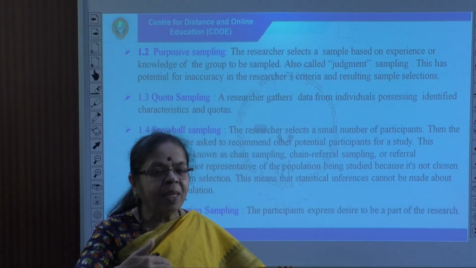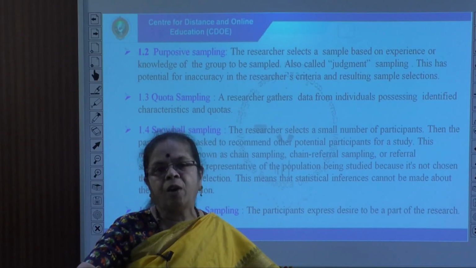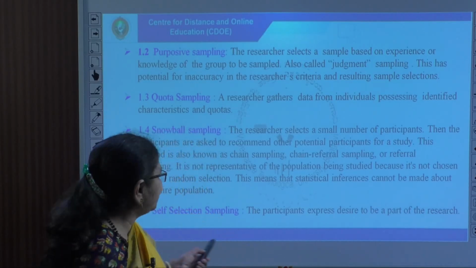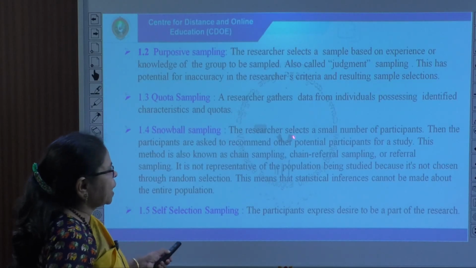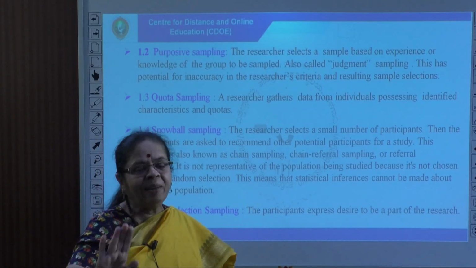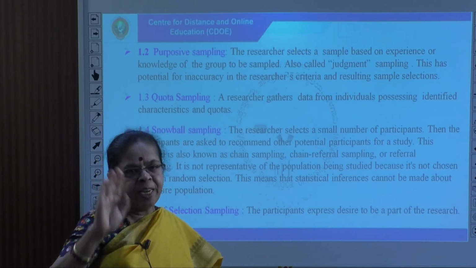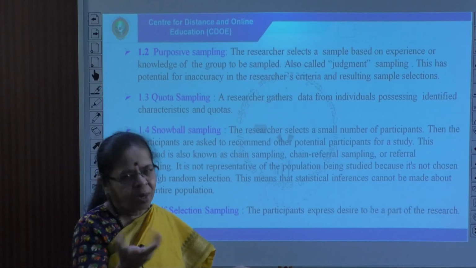This is used when the researcher does not have enough contacts or enough information about the samples. So the researcher selects a small number of participants. This is obviously possible only when human participation is needed in the study, not for products.